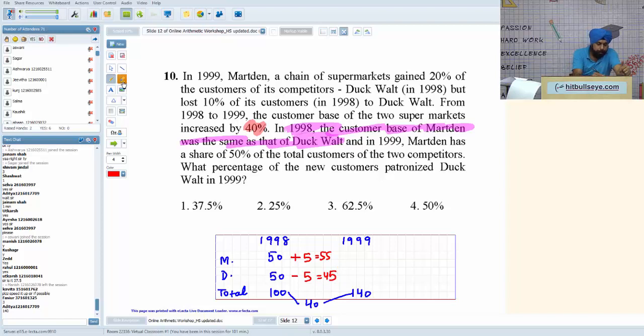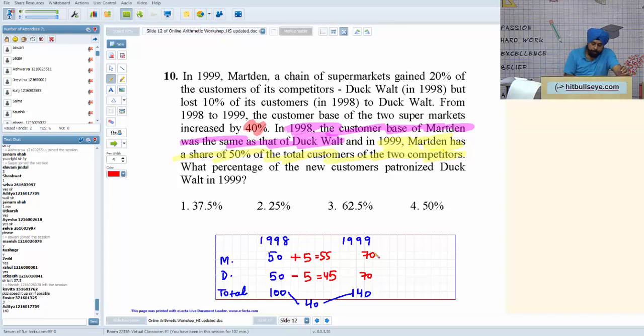Now another important line given is, it says in the year 99 M has a share of 50% of the total customers of the two competitors. That means of 140, it is 70 and 70, right? Now just see what percent of the new customers patronized Duck Vault in 99.